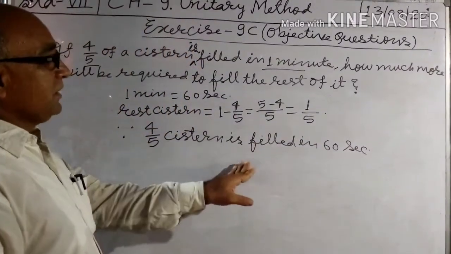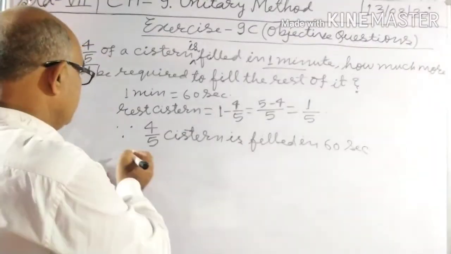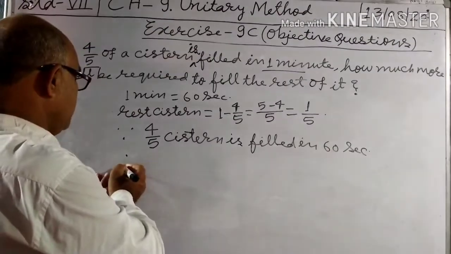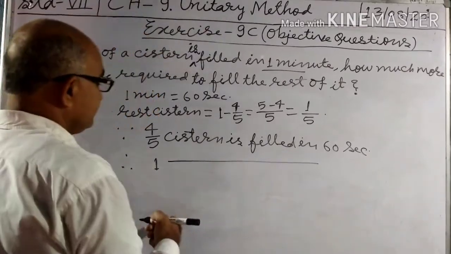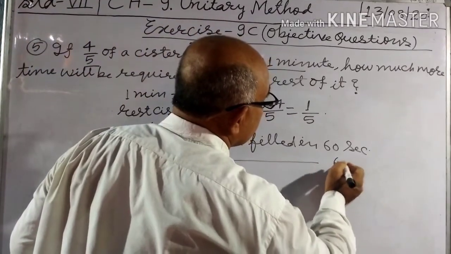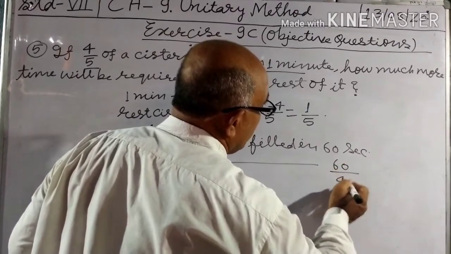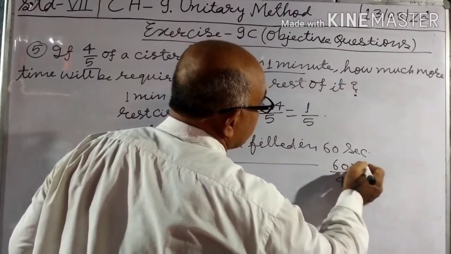Therefore, one cistern takes 60 divided by 4 by 5.